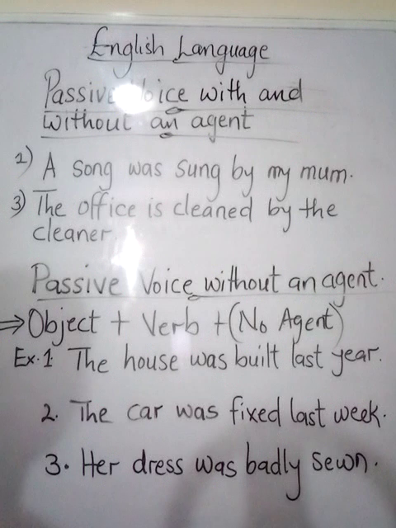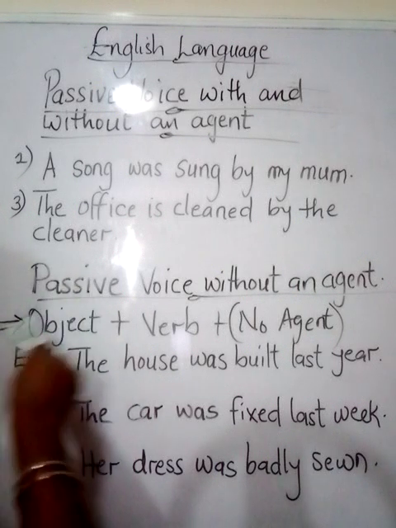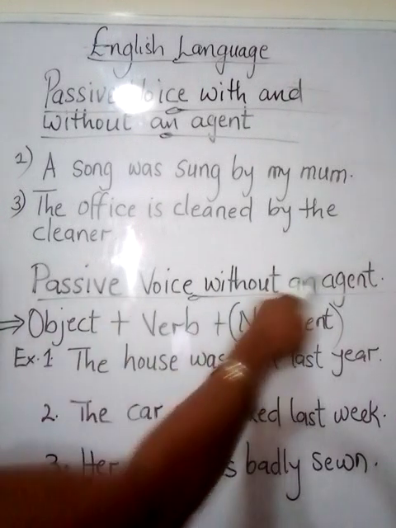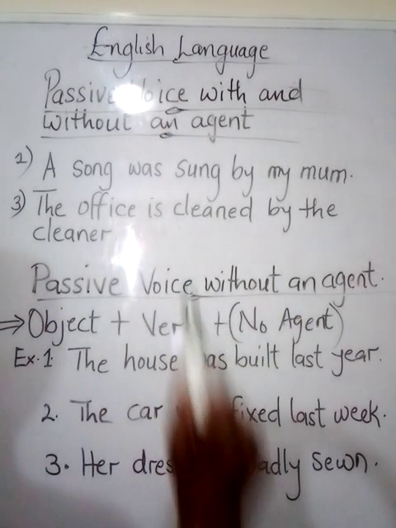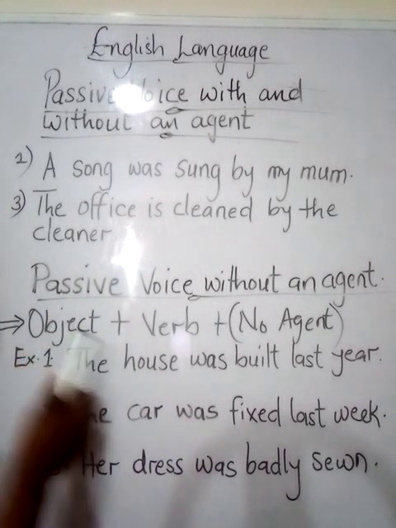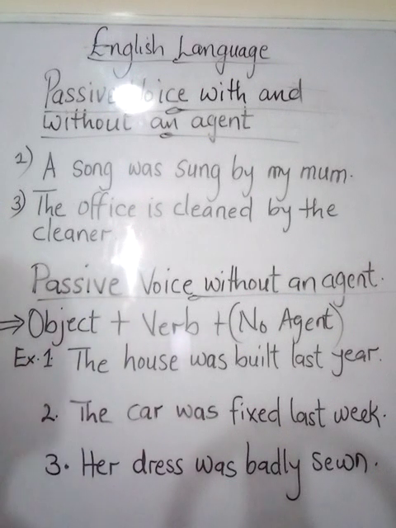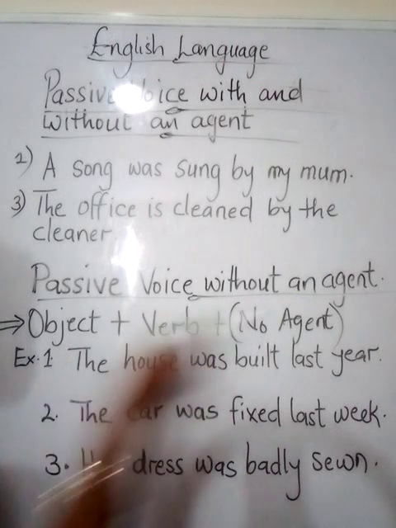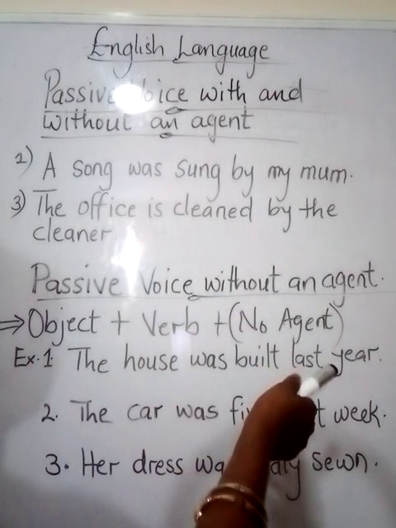I'll say that again. A passive voice can be without an agent when, one, the doer of the action is not known, that's the agent, you don't know the agent. Two, the agent might be known, but it's not important, it's not relevant in this context. There is no need mentioning the agent, okay?